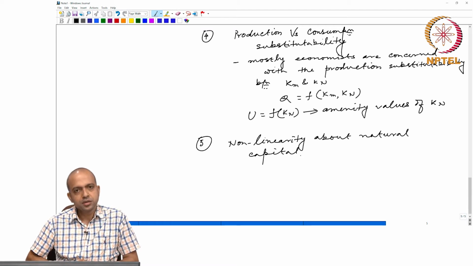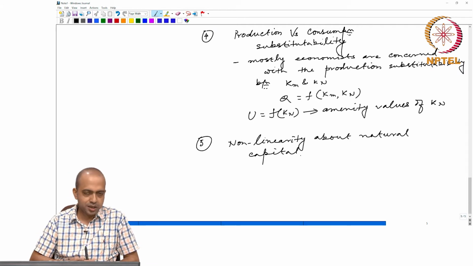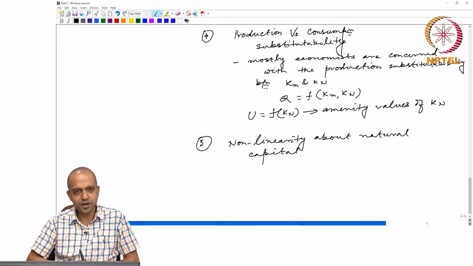What we assume is that we can always replace natural capital by man-made capital, but a lot of nonlinearities exist in the existence of natural capital.